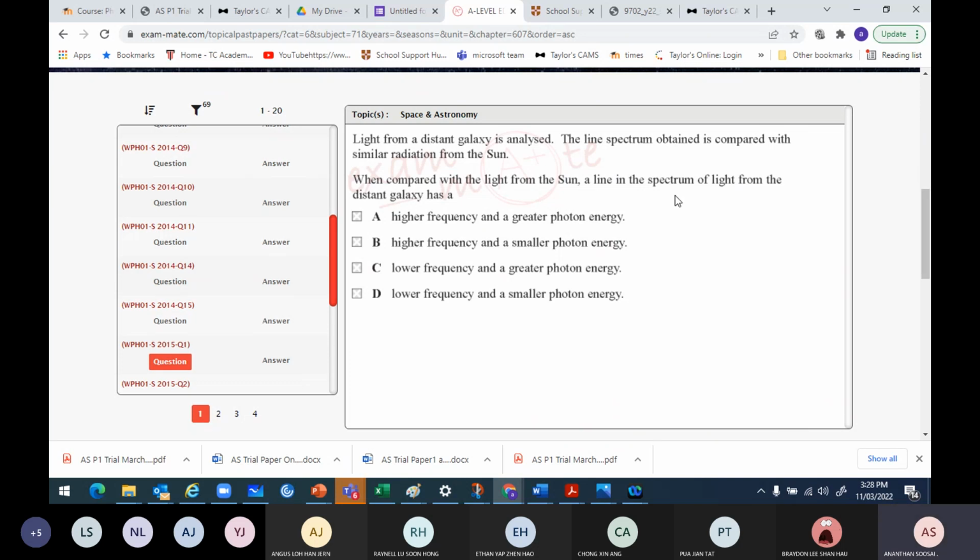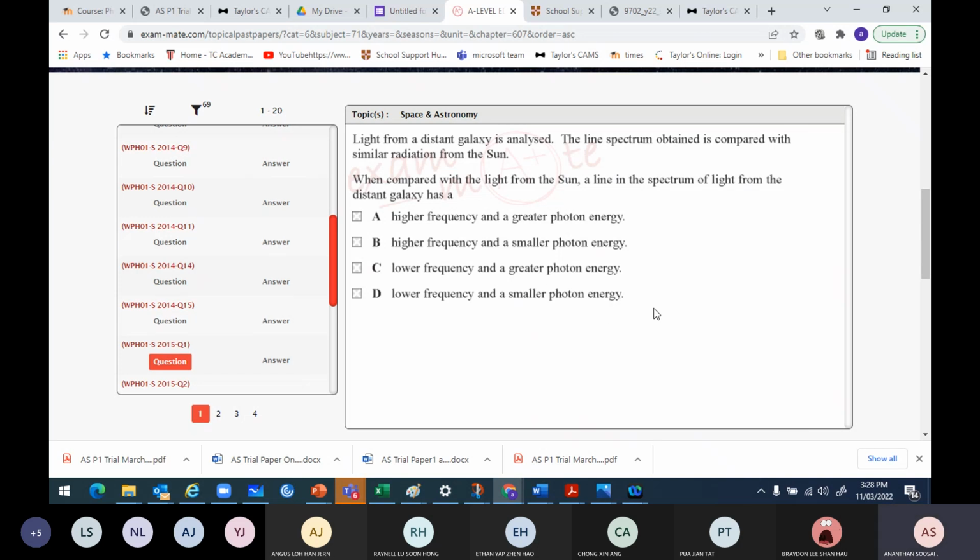Of course, we know the universe is expanding, right? So of course, the wavelength should get longer, the redshift. So wavelength gets longer, but the frequency received should get lower. Wavelength longer, frequency lower, so answer C or D. But with your quantum physics knowledge, what happened to the photon energy?